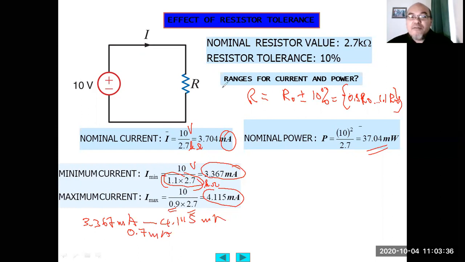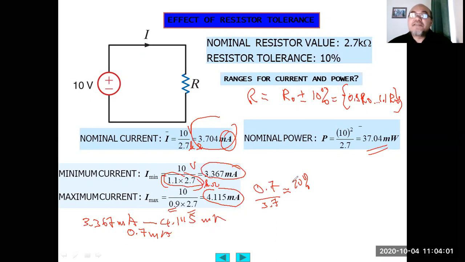If you compare to the nominal value, 0.7 divided by 3.7 is almost 20%. So why is it so big? Yes, it is correct. Remember that plus minus 10% means from 90% until 110%, which is a 20% range.